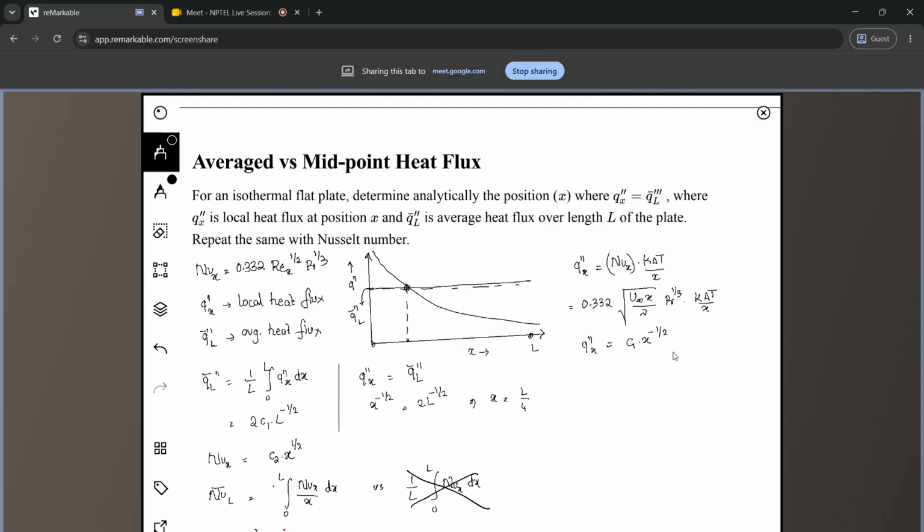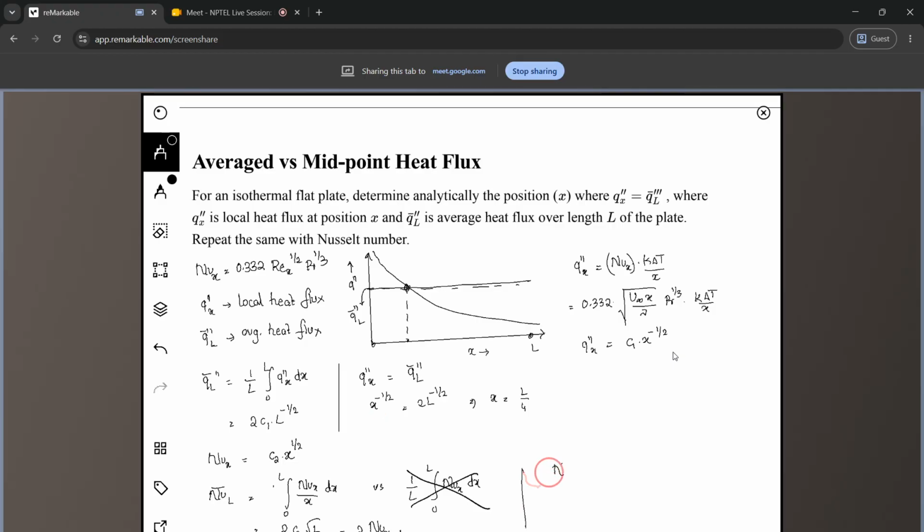If you do that, I'm getting around 2 C2 square root of L, which is basically 2 times the local Nusselt number evaluated at x equal to L. So if you calculate the same problem as we were doing before, what is the value of x at which the local and mean Nusselt number will be equal?